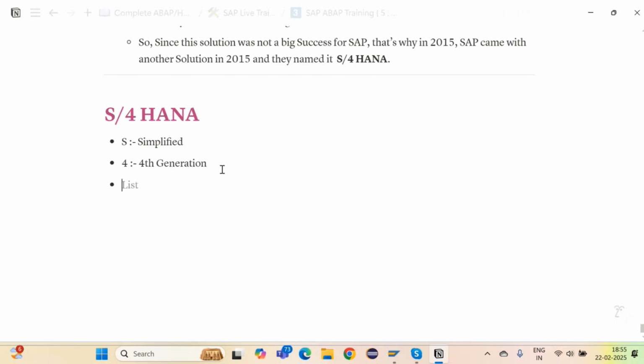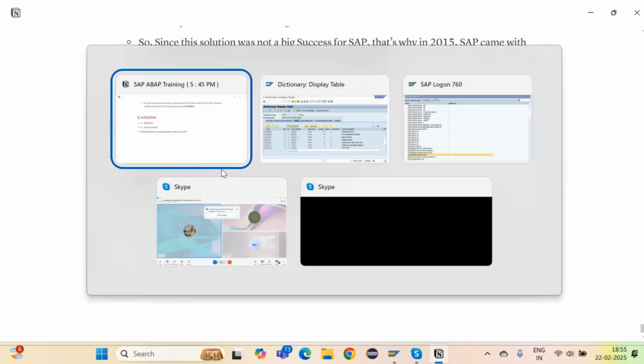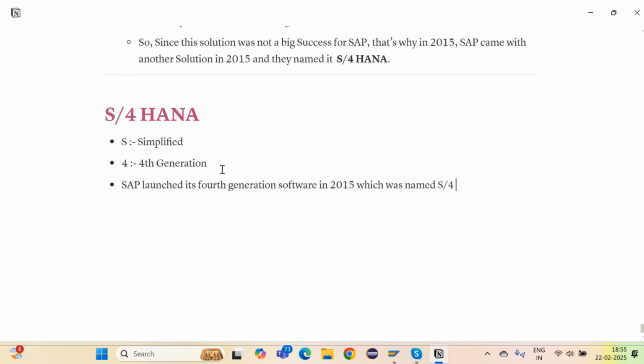So SAP launched its fourth generation software in 2015, which was named S4HANA, which only and only works on the HANA DB. Is it clear?